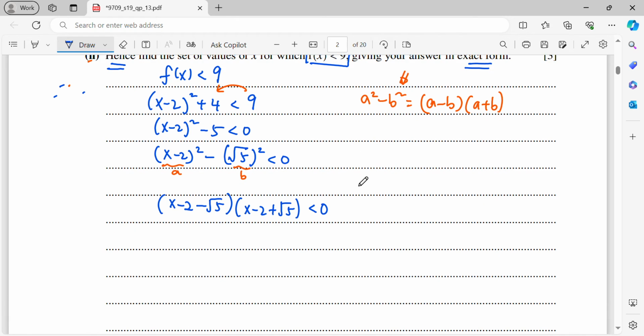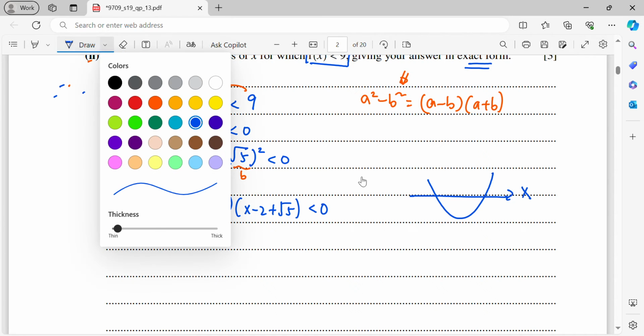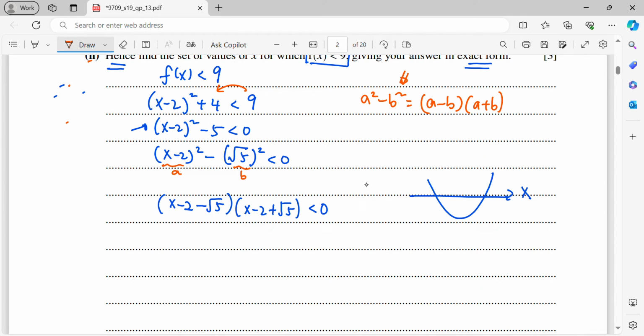Basically when I sketch this graph, it will have a minimum point because the coefficient of x squared is positive 1. So I will sketch a graph with a minimum point, and this will be my x-axis. When I let x minus 2 minus square root 5 be 0, my x will be 2 plus square root 5.